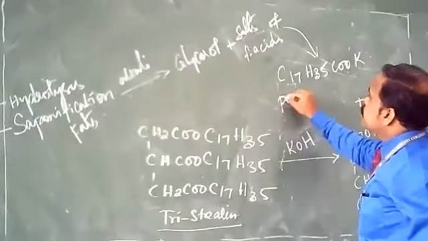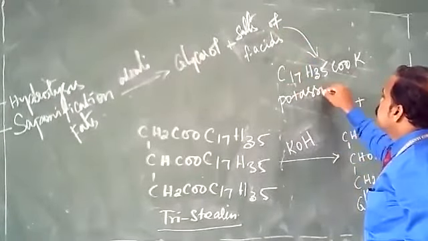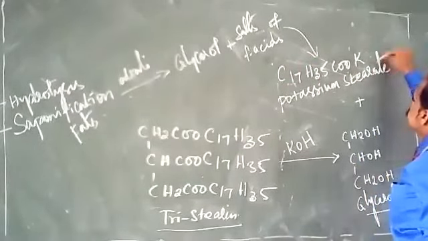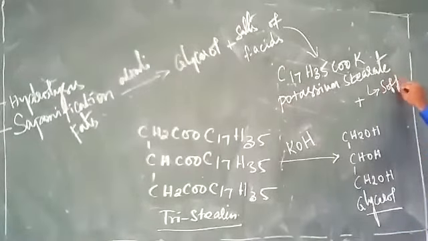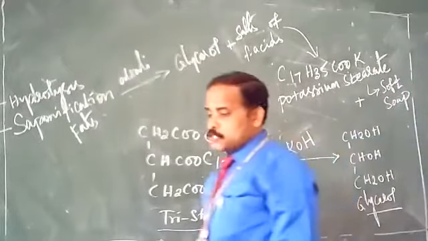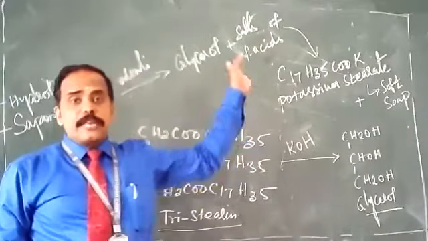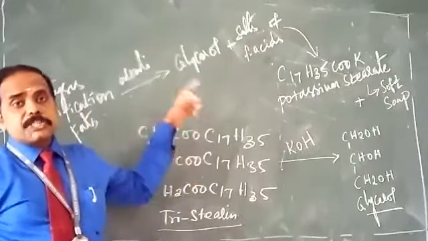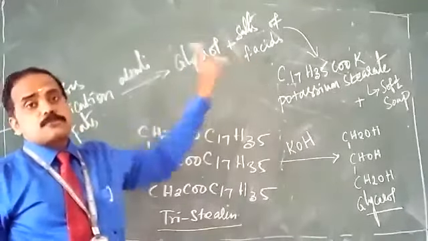The salt of higher fatty acid here is potassium stearate, which is considered to be soft soap. The previous one is an example of hard soap, the sodium salt of higher fatty acid, and this one is potassium stearate, C17H35COOK, which is considered soft soap.